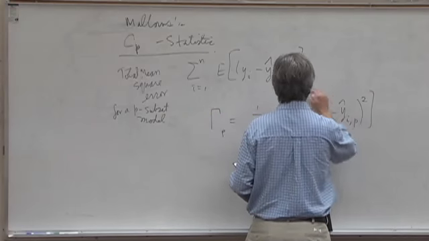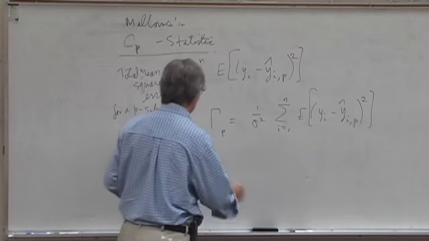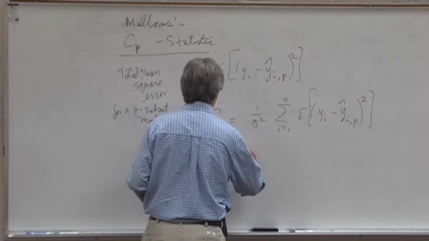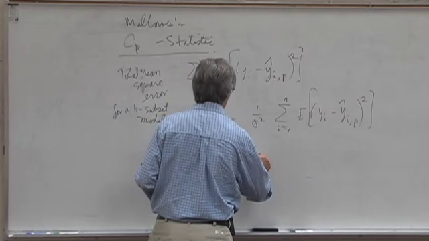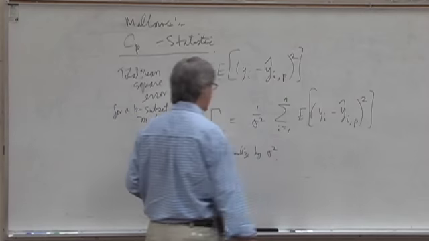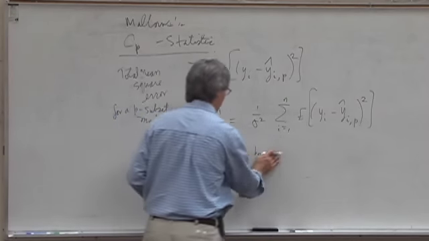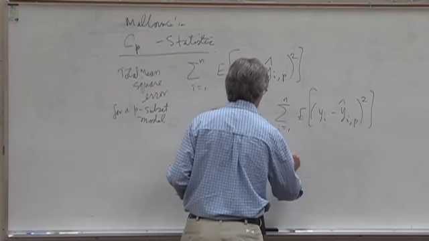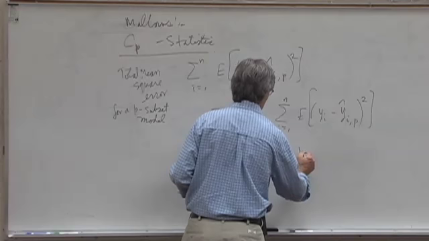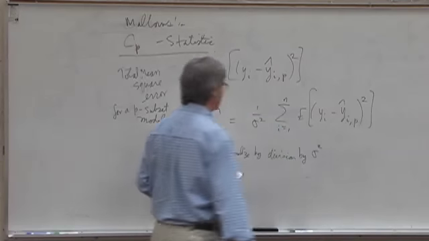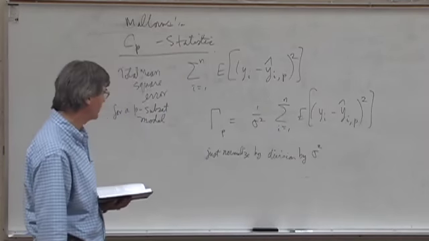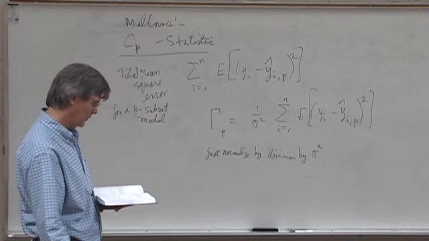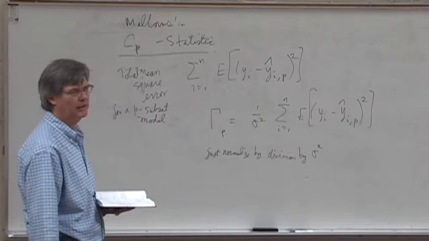So it's exactly the same thing, only divided by sigma squared, just normalized. Okay, so that's what gamma sub P is. He does have the P in there finally, because it doesn't look like there should be any P in there if you just look at 913.